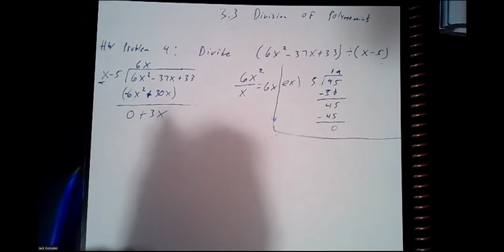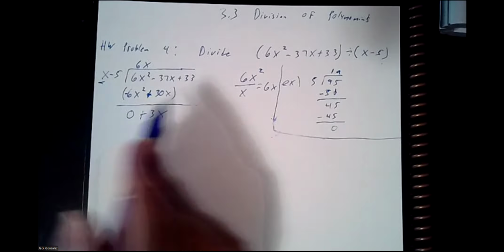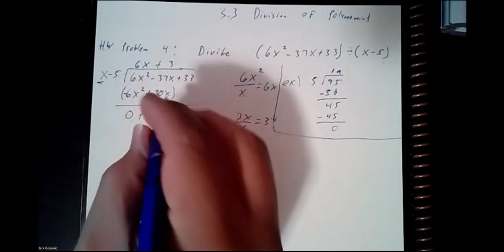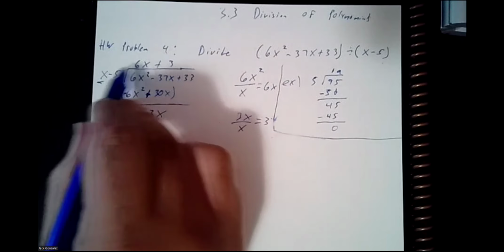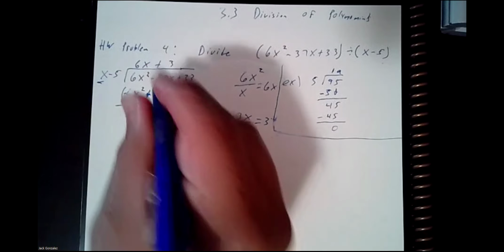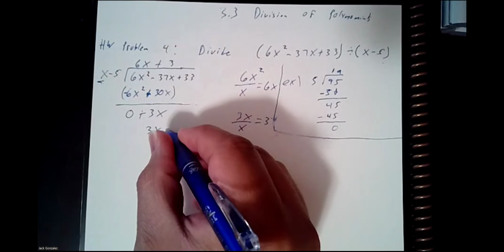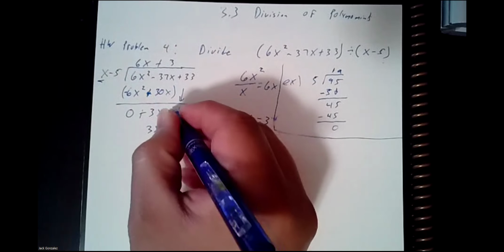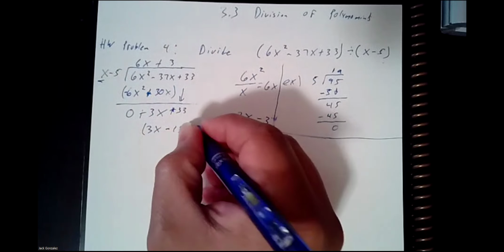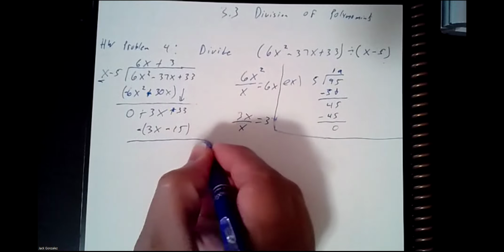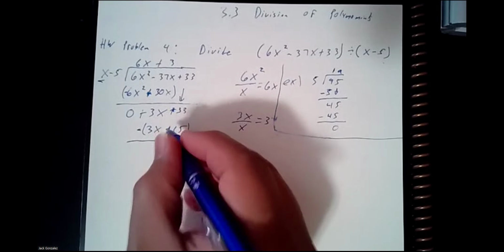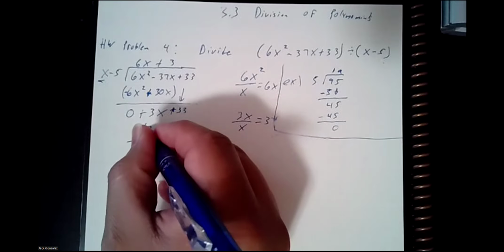Then, does the x go into the 3x? Yes, it does. So 3x divided by x gives us a 3. So now we have plus 3. 3 times x gives me 3x. 3 times negative 5 gives me negative 15. Bring down the 33. And then switch. This will become plus, this will become minus.